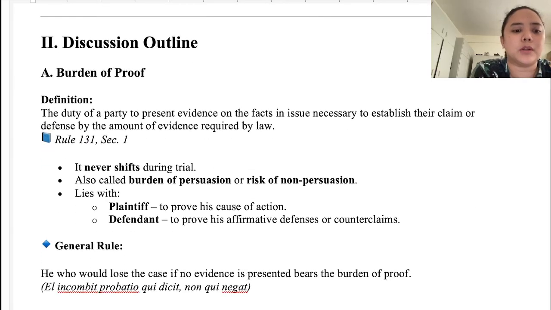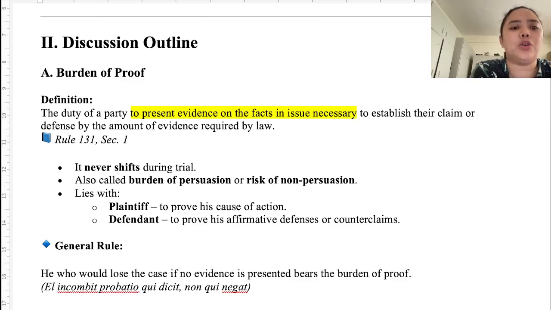Okay. So, what's the difference, class, between the burden of proof and the burden of evidence? In the burden of proof, class, the duty of a party is to present evidence on the facts in issue necessary to establish their claim or defense by the amount of evidence required by law.